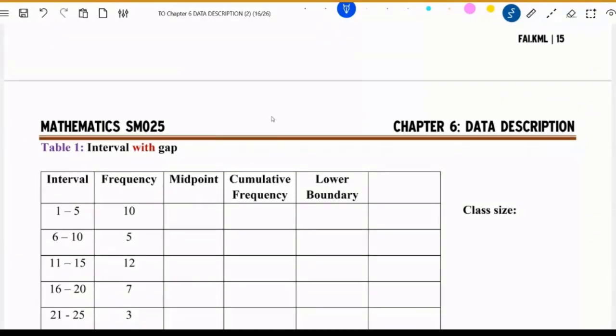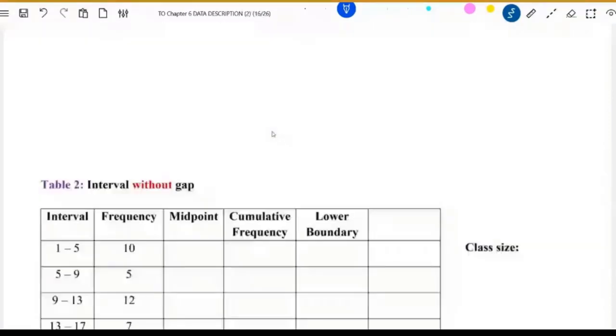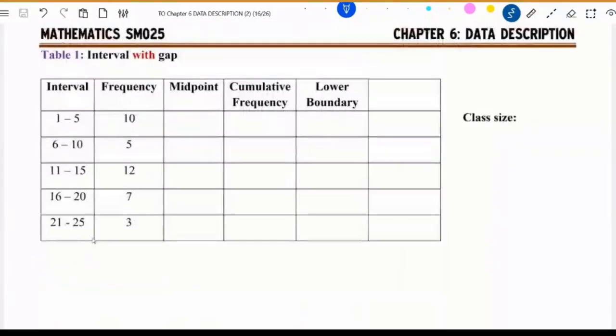But if you can see from table 2, we don't have any gap, which is directly the same value. 5, as in the upper limit for the first class, will be the lower limit for the second class. The same thing for the 9, which is upper limit for the second class and will be the lower limit for the third class.